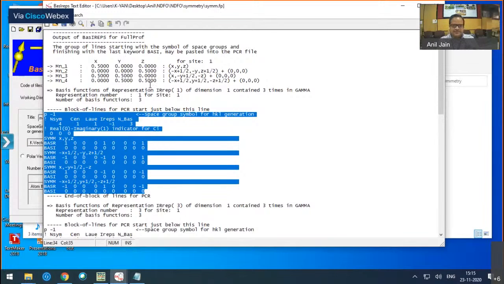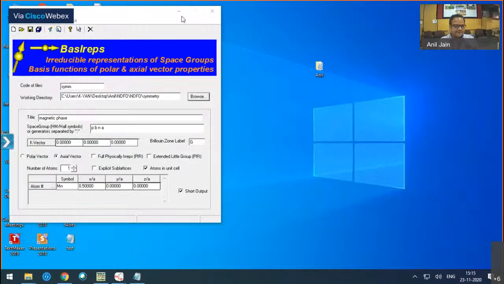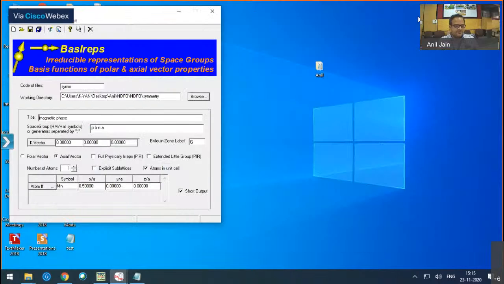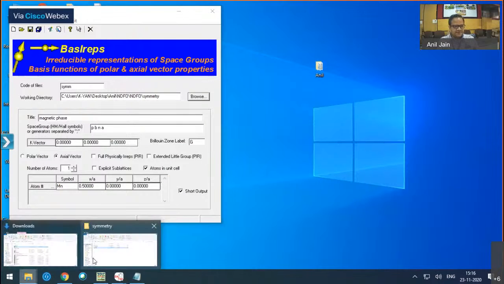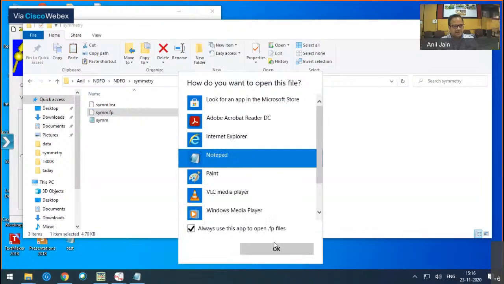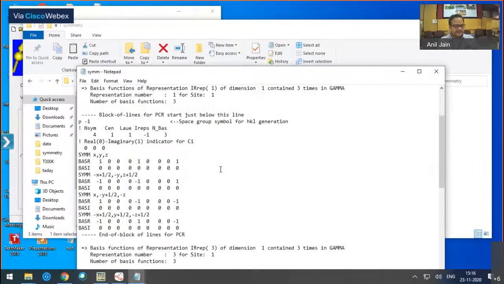So what we do is now, I show you. What generally we do in this case is, let me close this and keep this file open, which is generated as a FP file, the notepad. Okay.